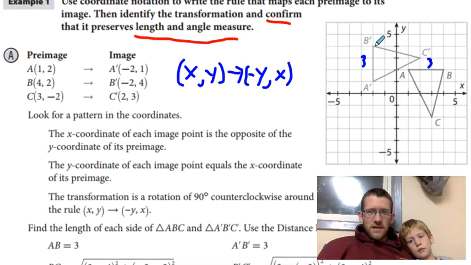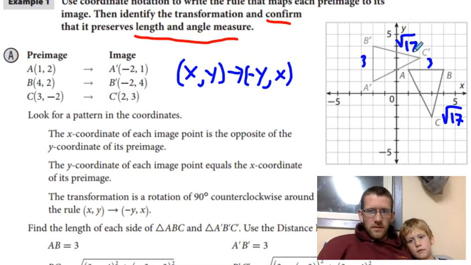We have to get a little fancier when we go from like B to C. That is 1, 2, 3, 4 squared plus 1 squared, square rooted. So the distance from B to C is the square root of 17. The distance from B prime to C prime, 1, 2, 3, 4, down 1, is also square root of 17.